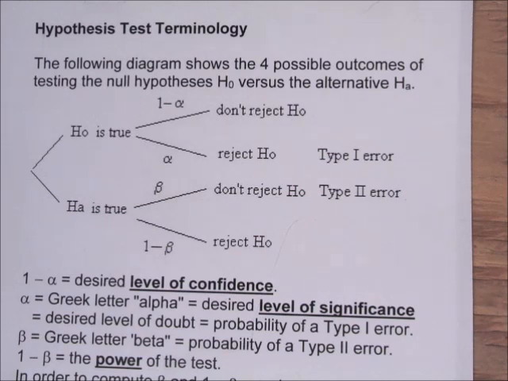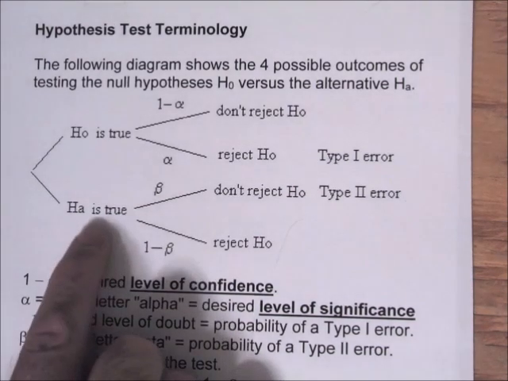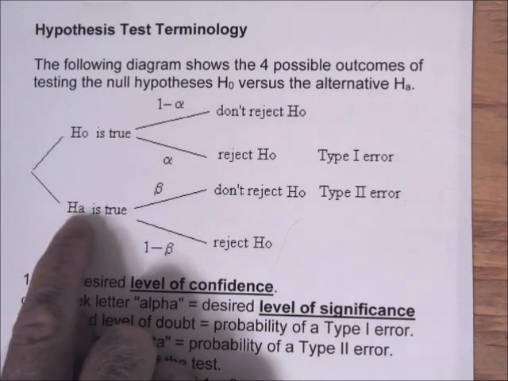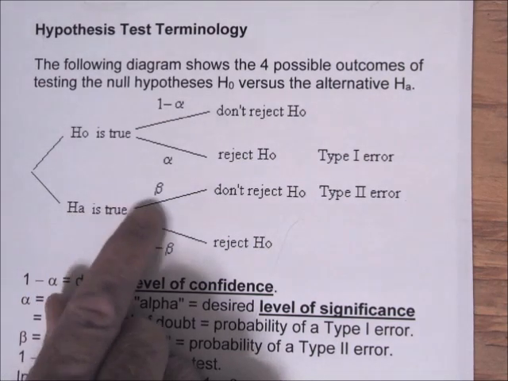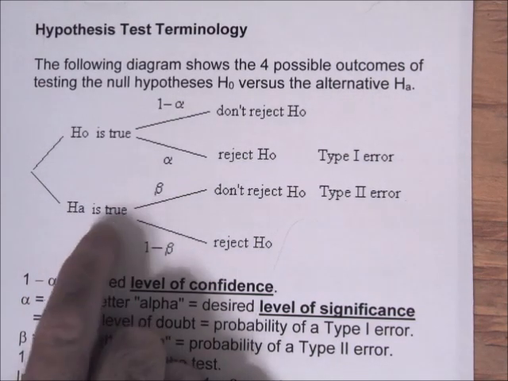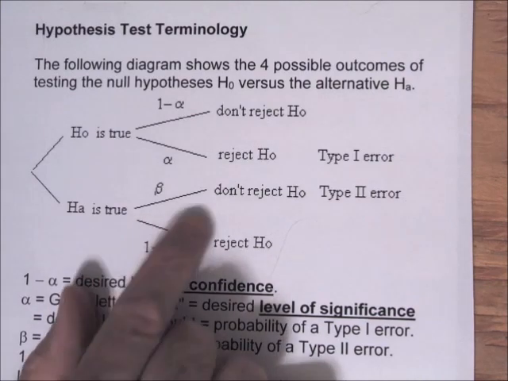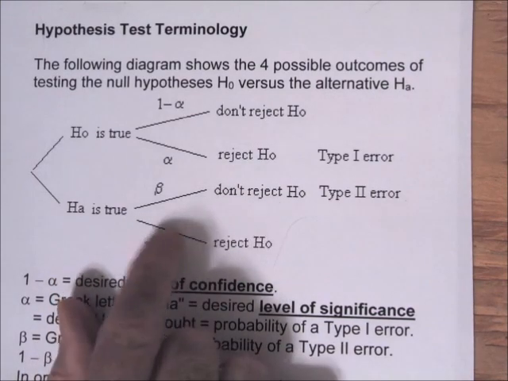In order to compute beta, you need a specific value of, for example, the population proportion. If HA is true, you need a specific value to plug in. So anyway, beta is the probability of a type 2 error.